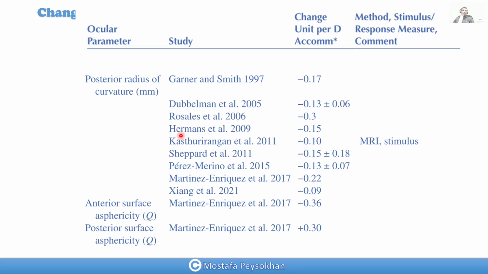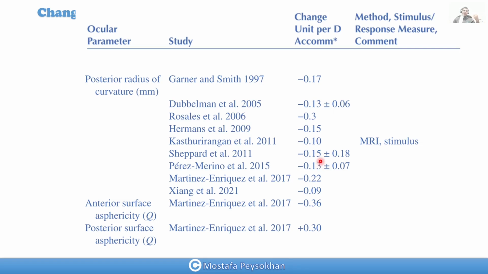Then the posterior radius of curvature is also changed, because the lens changes the radius of curvature on both sides. Per 1 diopter it is negative 0.17, 0.13, 0.15.